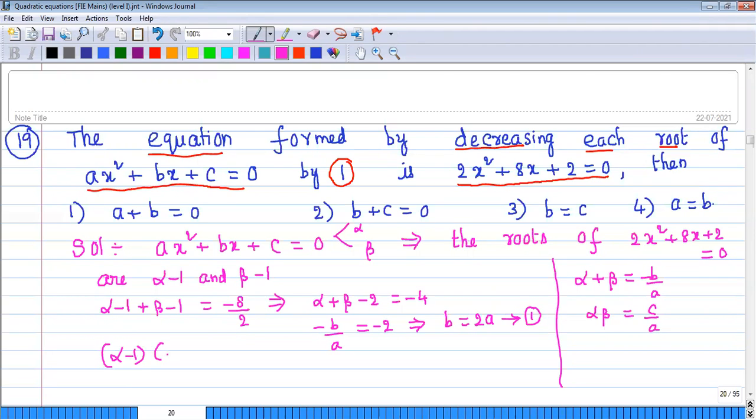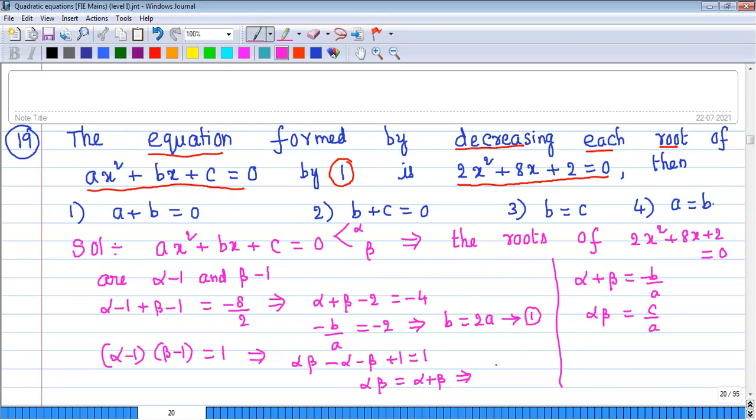Next, find the product of the roots. Alpha minus 1 into beta minus 1 is equal to alpha beta minus alpha minus beta plus 1, which equals 1. So alpha beta is equal to 1 minus 1, that is 0, alpha plus beta.